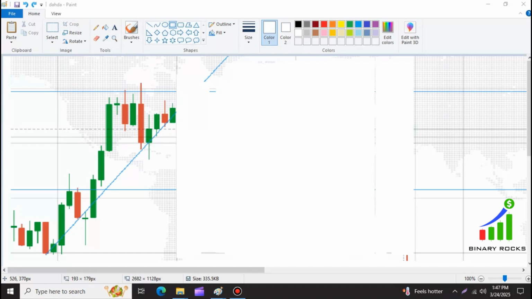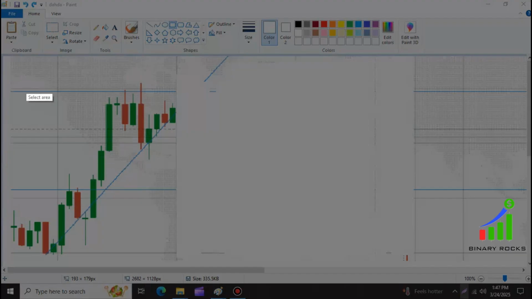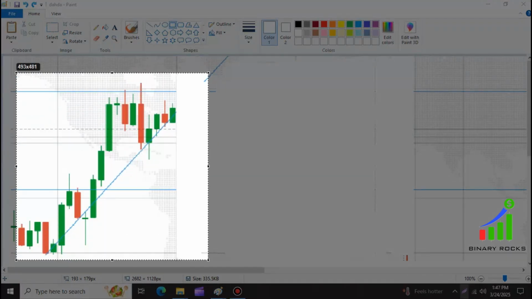Yes, we can start. Here, as of now, we have only this area to predict the next candle. What did you notice here? First of all, we have a trend line where the candles are respecting continuously.